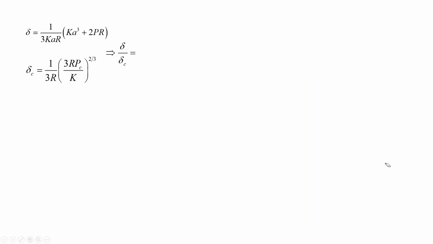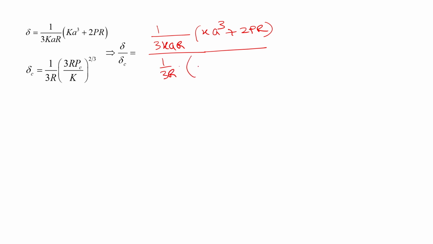So, this delta by delta C can be written as, so this is delta C, 1 by 3 Ka R and this is Ka cube plus 2 P R, divided by 1 upon 3 R and this is (3 R Pc by K) to the power 2 by 3. So, here 1 upon 3 R gets cancelled.